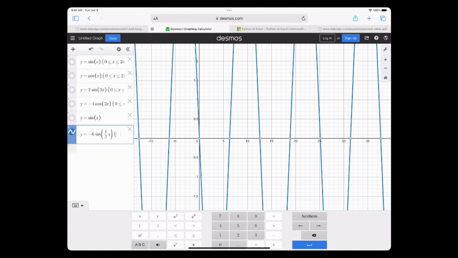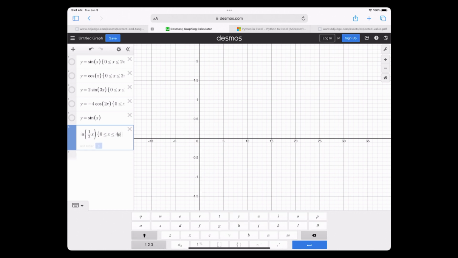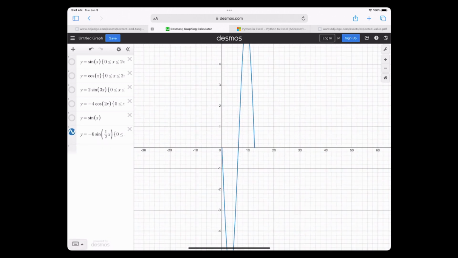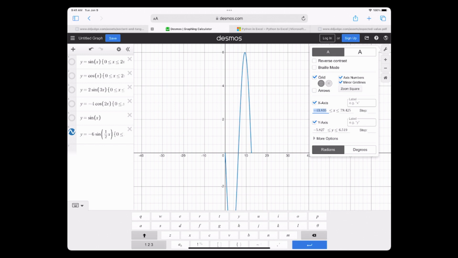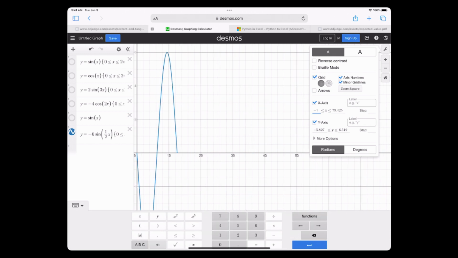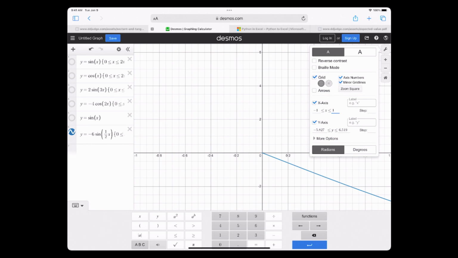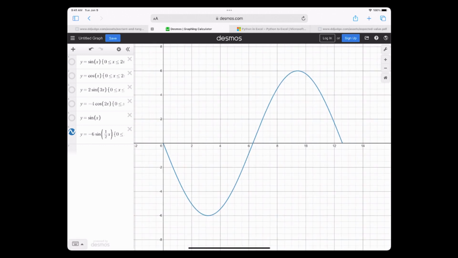Okay, so we're going to say 0 less than or equal to x less than or equal to 4 pi here. And I'm going to have to fix whatever this is. The x-axis will be -1 to 12. Okay, you guys okay with that?